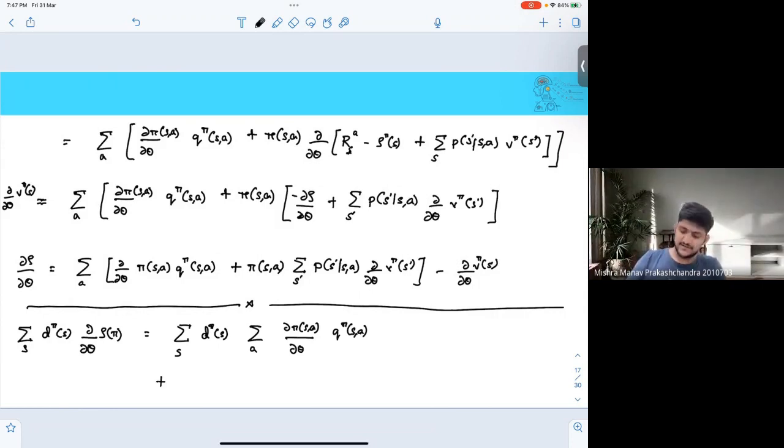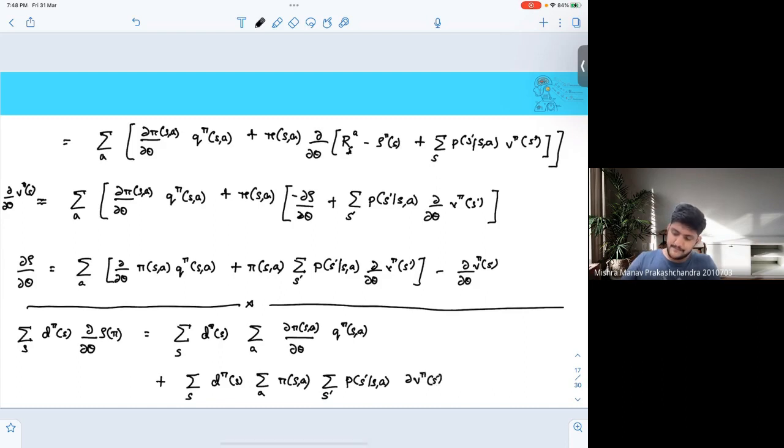Plus the second term is summation over s d pi of s, sum over all a, I have pi s comma a, summed over all s prime I have the transition probabilities times d v pi s prime by d theta, right?